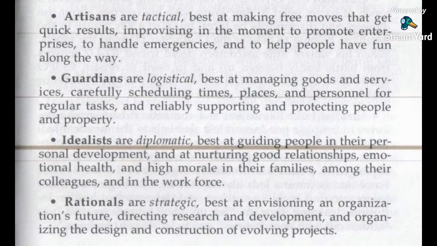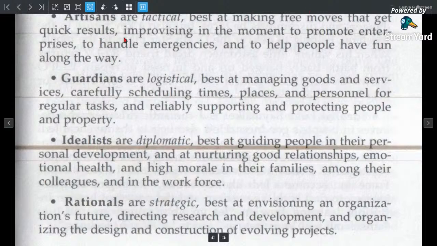So you've got coordinating and constructing. TI within the context of STPs, TI with SE, expediter, is more tactical. Making moves that get quick results. Improvise in the moment to promote enterprises, handle emergencies, and help people have fun along the way.